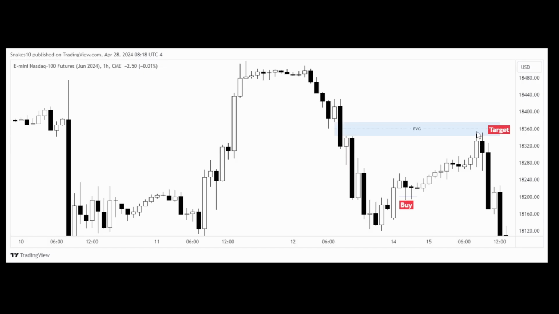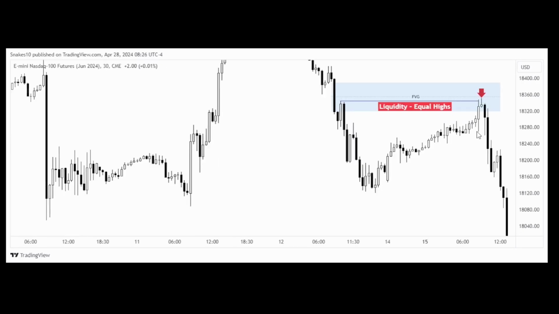And I'll show you what happened on a 30-minute chart. This is a 30-minute chart, and that's exactly the same chart we just looked at. We just break it down a little bit, and these were relatively equal highs, forming liquidity there. And look at this. Price is going up slowly and then aggressively pumped up, ran it, leaves a fair value gap there.